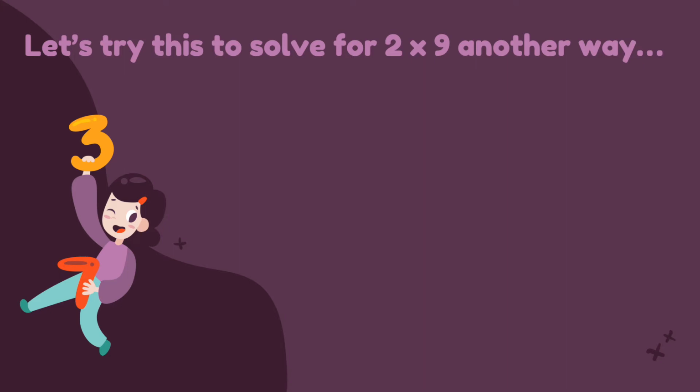I want you to, on your board, draw a 2 by 10 array. So you're going to draw 2 rows of 10. Maybe it's 10 dots or 10 circles. Maybe you want to use stars. But draw a 2 by 10 array. Pause the video if you need some more time.